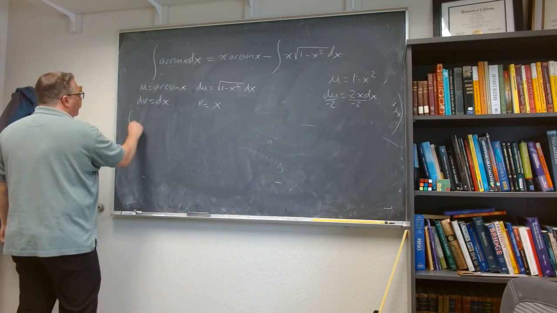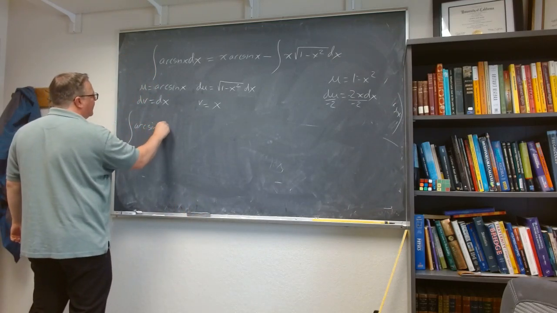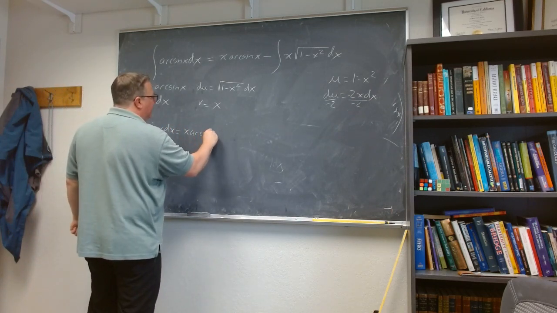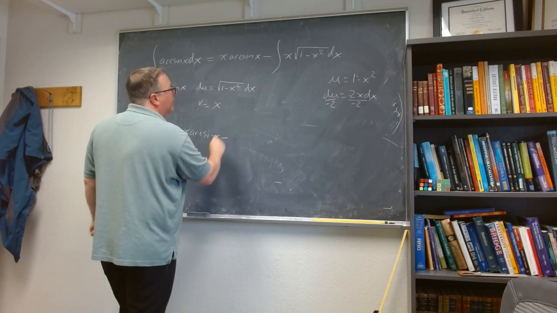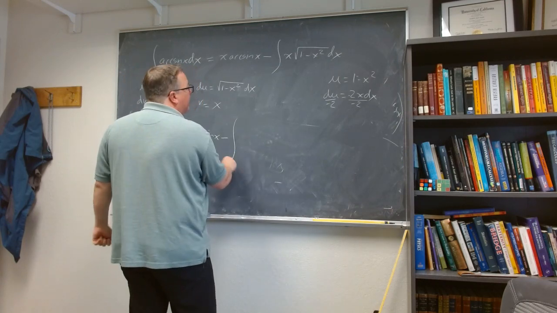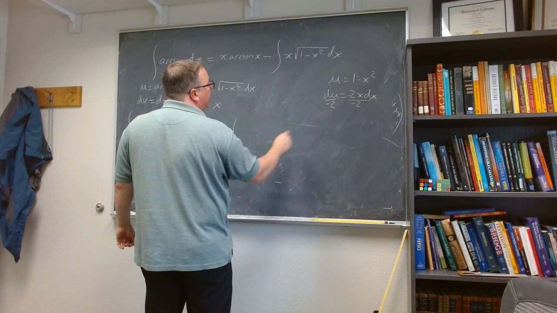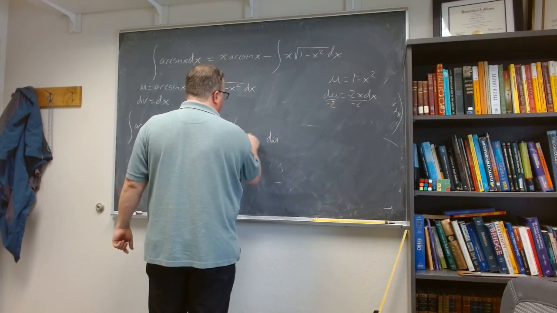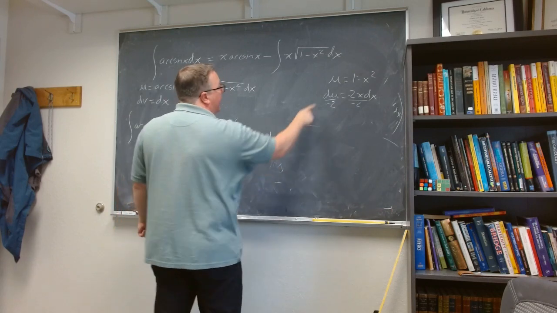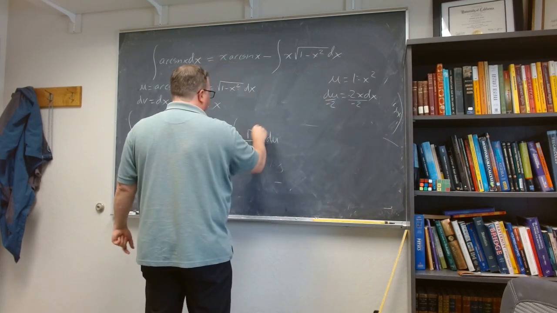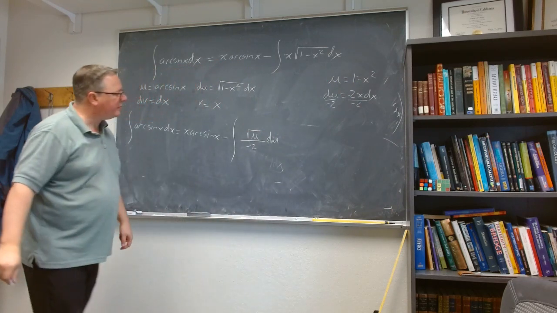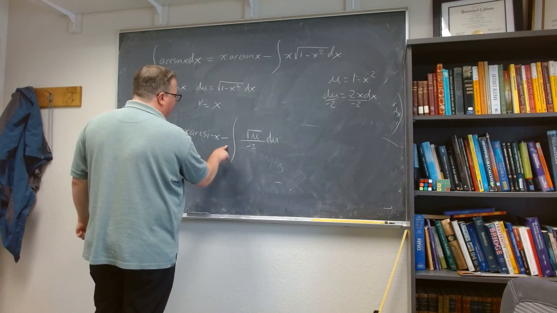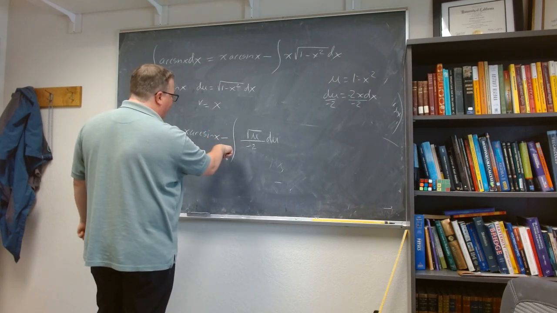So we get the integral of arcsine of x dx equals x times the arcsine of x minus the integral of, so x dx I'm going to replace by du over negative 2. And u is 1 minus x squared, so root u. So this is fine. I'm going to pull this negative 2 out front, make it a negative 1/2, cancel with the negatives.